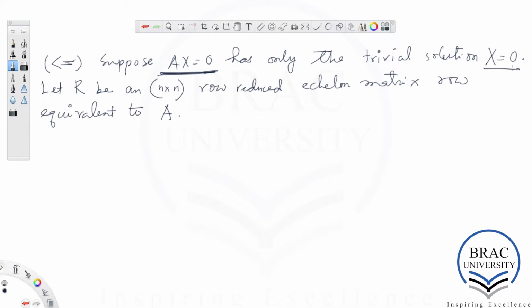We row reduce the matrix A to the row reduced echelon matrix R.